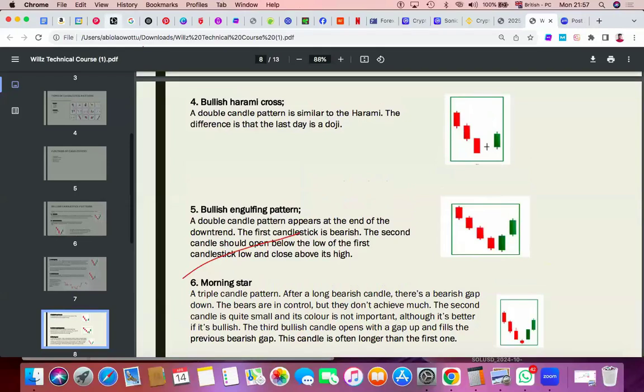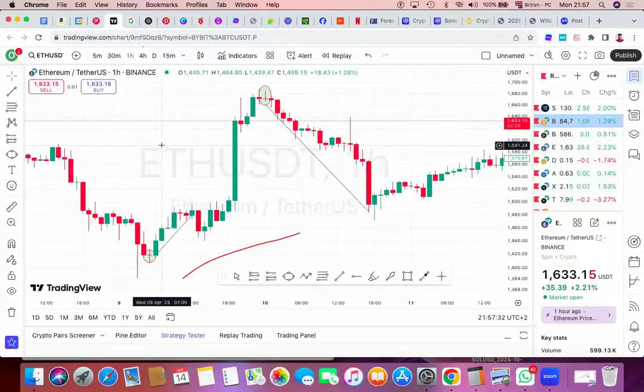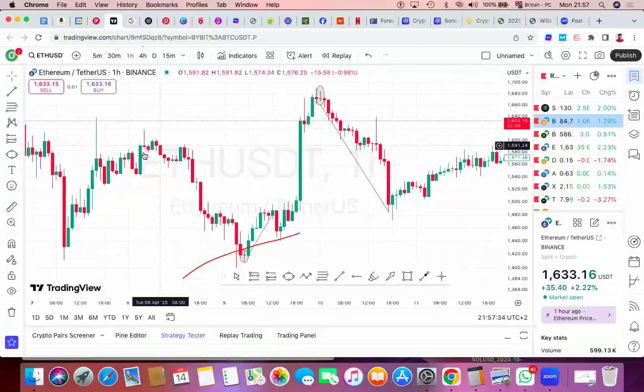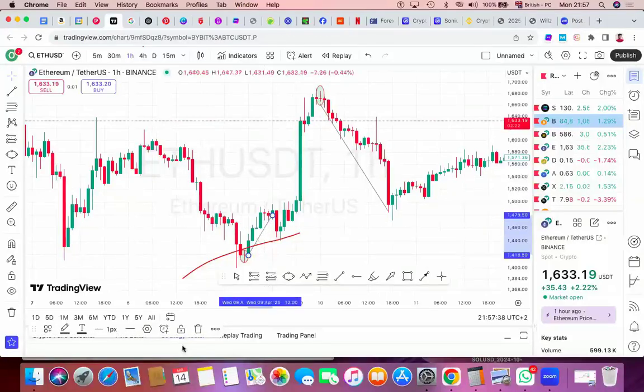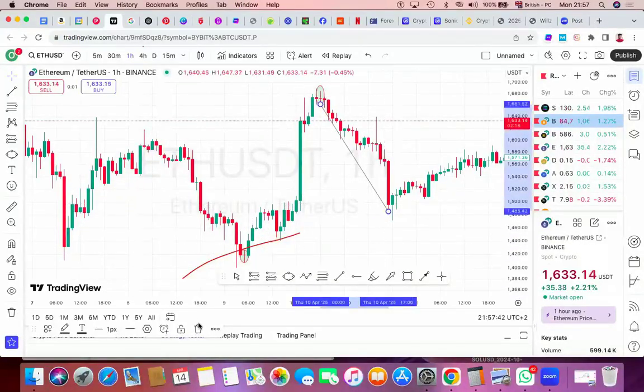So if we go to our chart here, we could look for an engulfing candle. It's very easy to identify an engulfing candle.